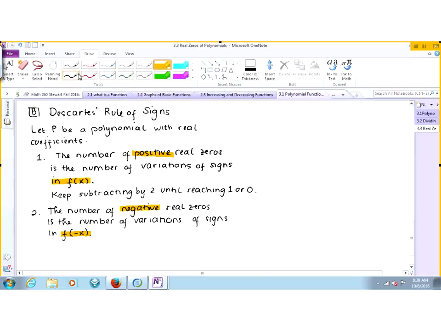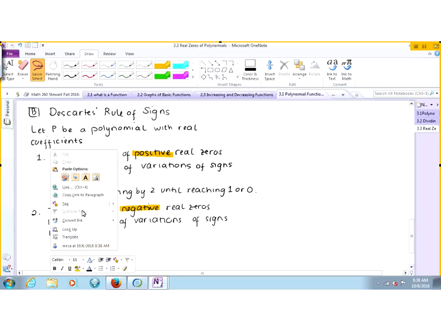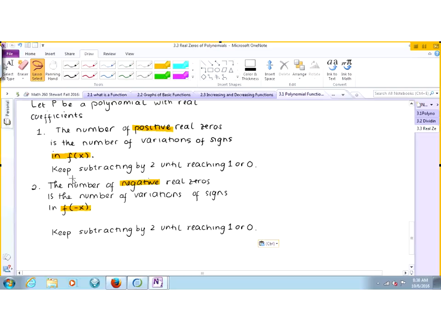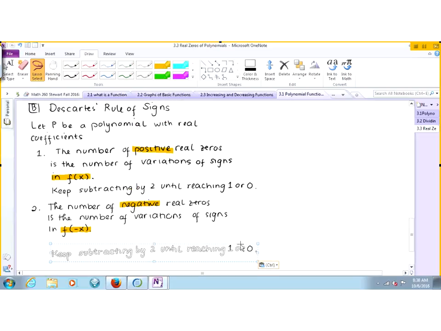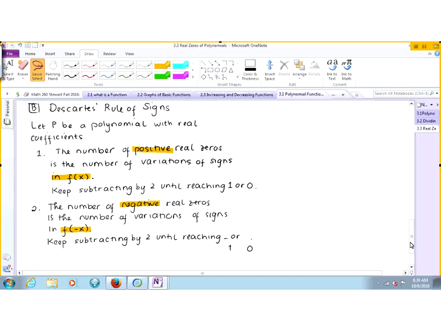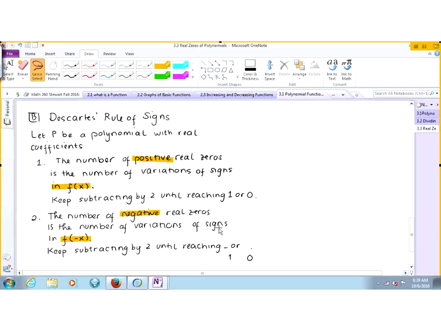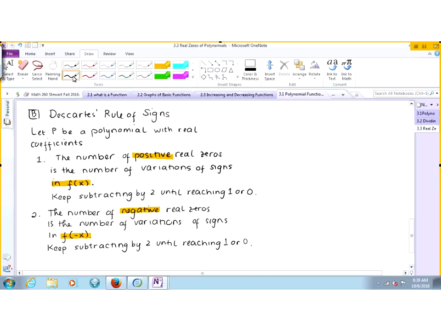And then I'm also going to keep subtracting by 2 until I reach 1 or 0. So I'm going to copy this and paste. Let's put this up a little bit. Until reaching 1 or 0. That's what I want to do. All right, and then let me erase this.